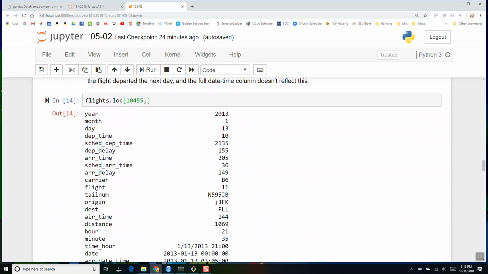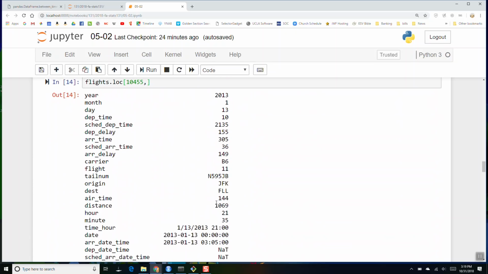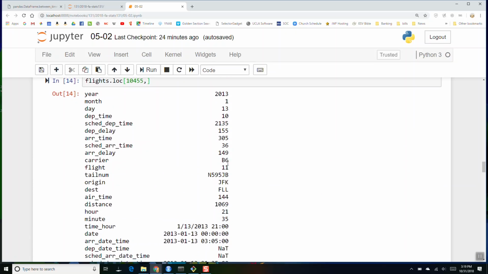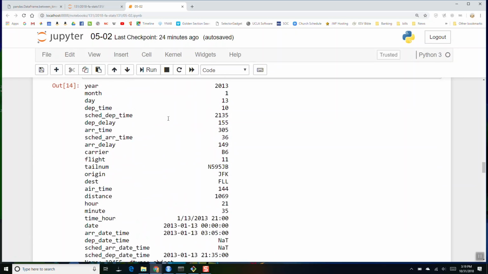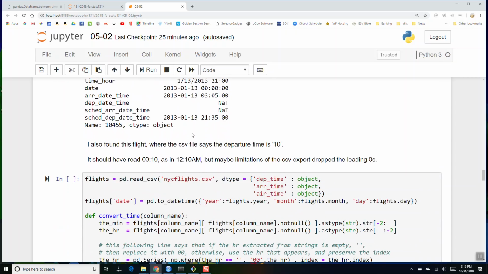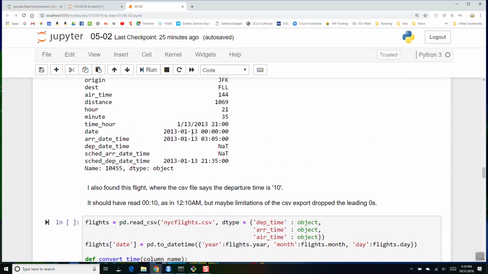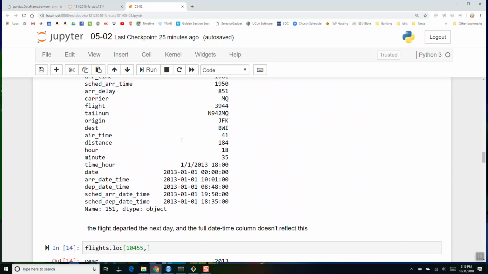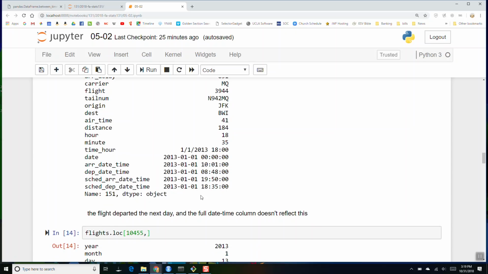So anyway, I decided to just write up some code to clean up these issues. So we need to make sure that if there's a delay that pushes us to the next day, the departure time shows up after.